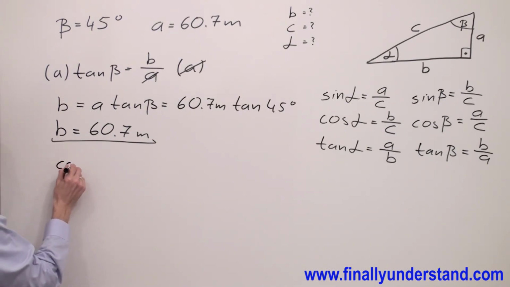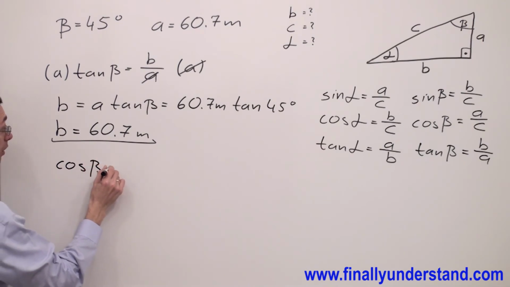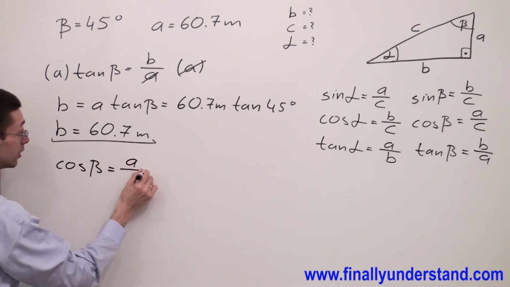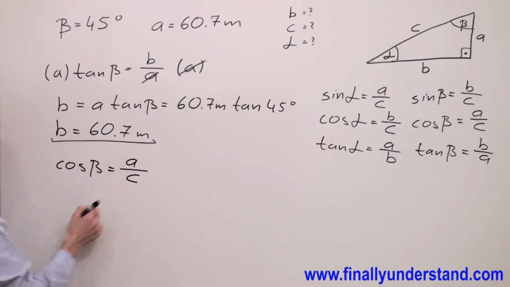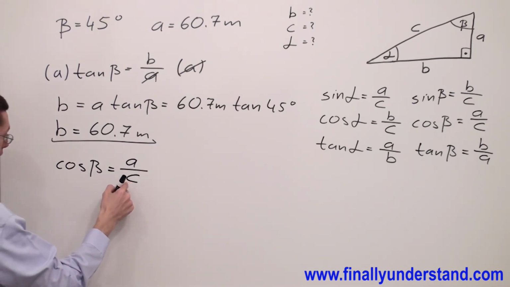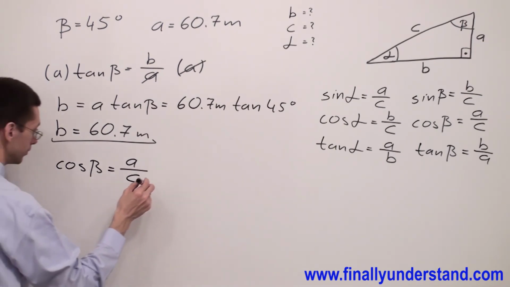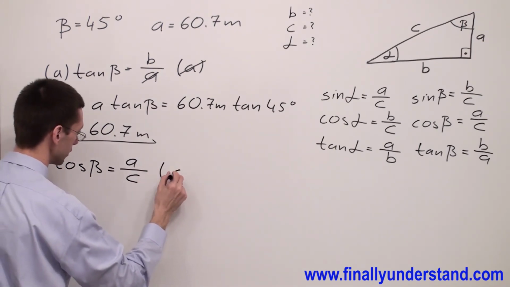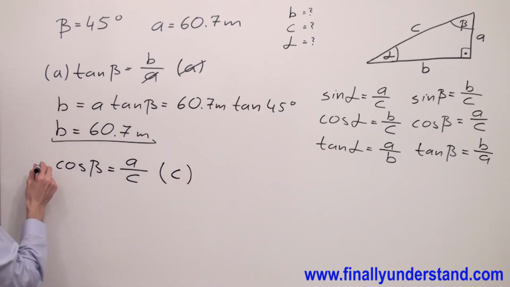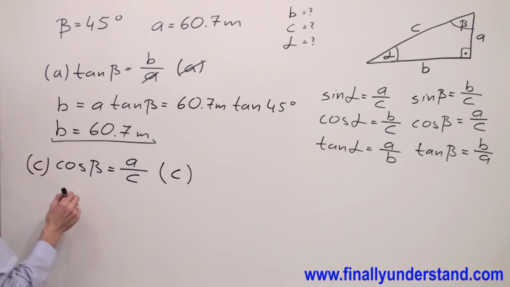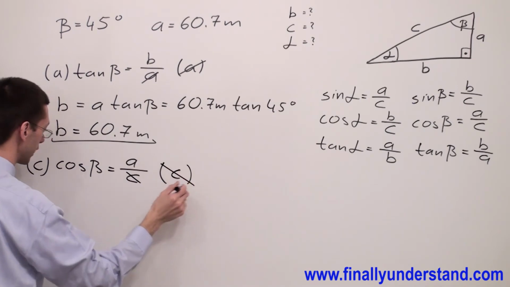So cosine beta is equal to A over C. I'm supposed to find the length of side C. In order to solve this formula for C, I must multiply both sides of the formula by the denominator of my fraction.